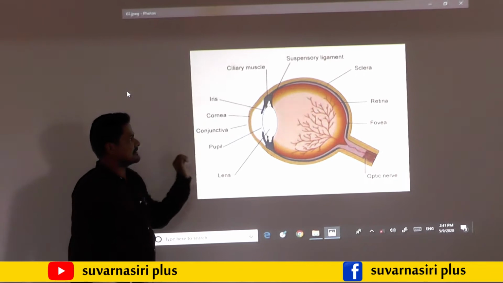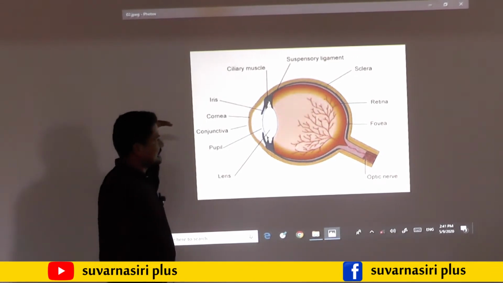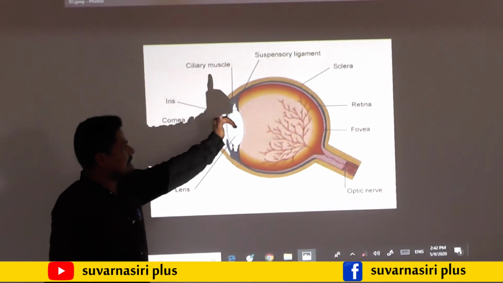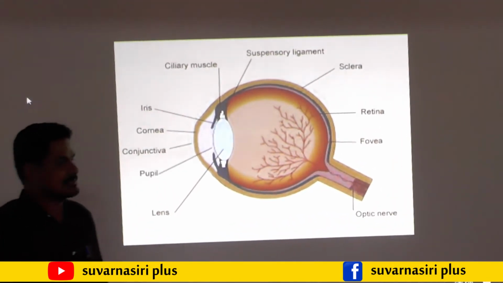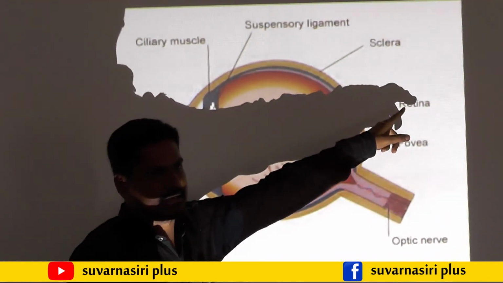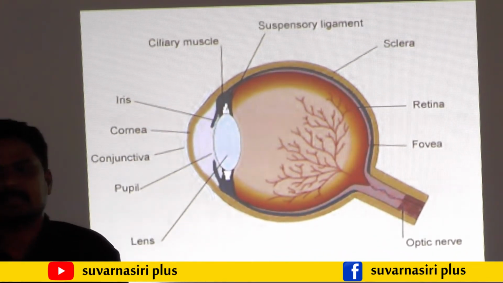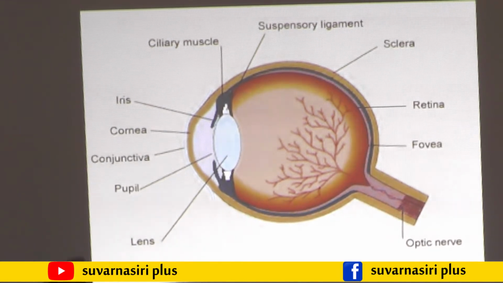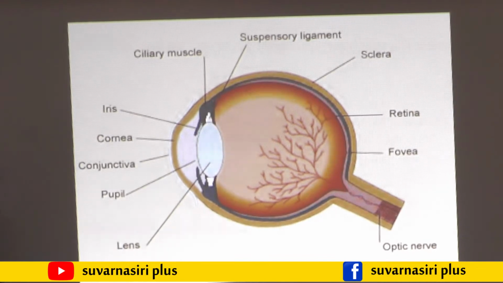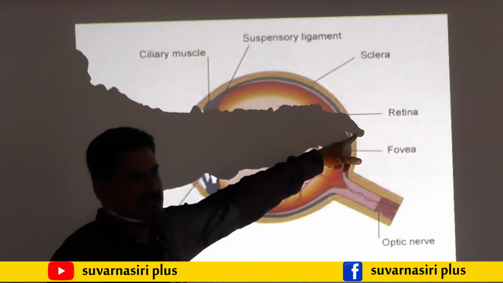This lens helps when the light enters through the lens into the eye. Here we get a surface called the retina. Retina acts like a screen. Whatever objects we see in front of our eyes, that image forms on the retina.